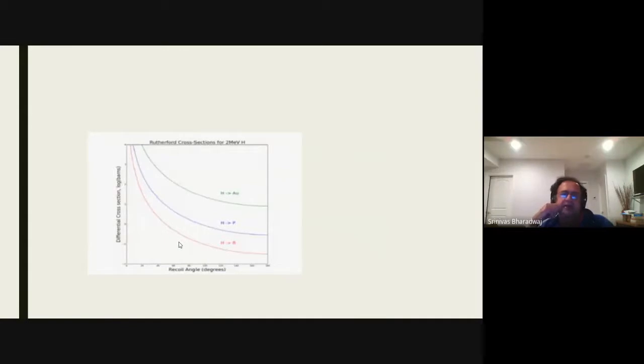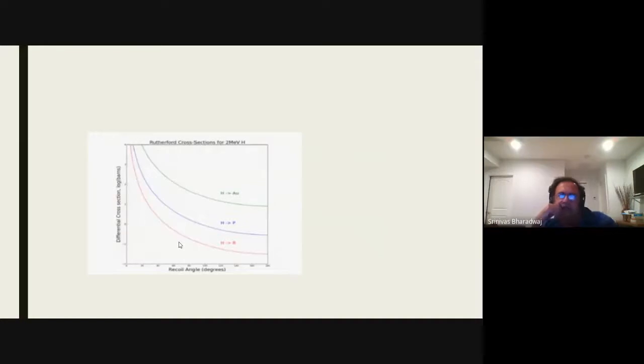The recoil angles were much smaller for boron. They were higher for phosphorus. They're even higher for gold. What that meant is that with this concentration, there are many more protons there, and they would kick you off much faster and much further. The angle of recoil was much further.